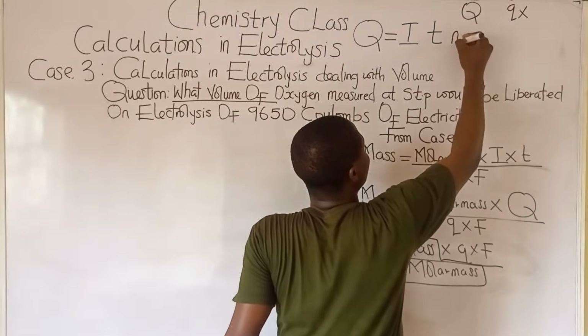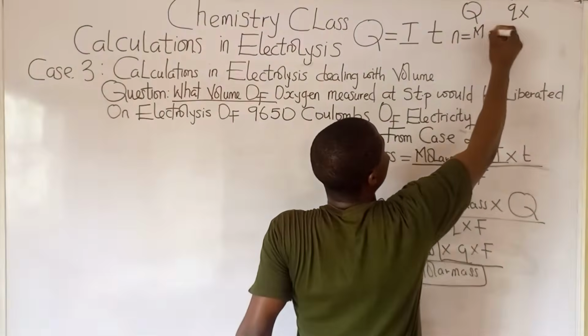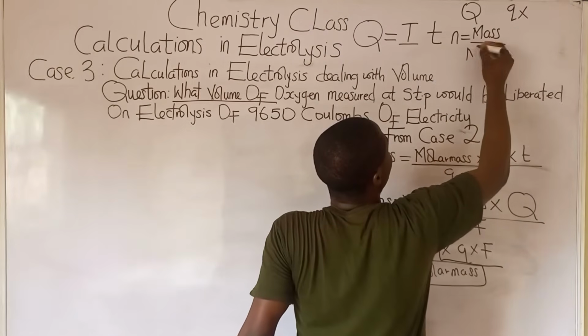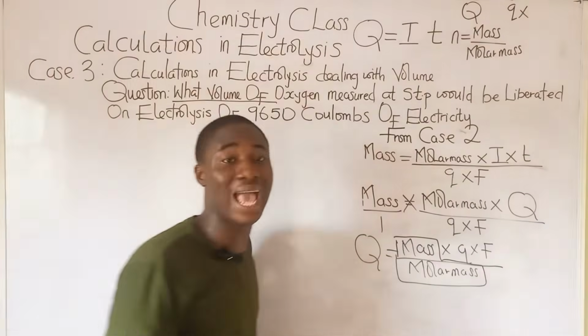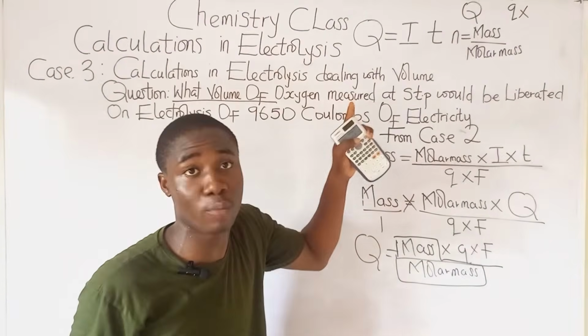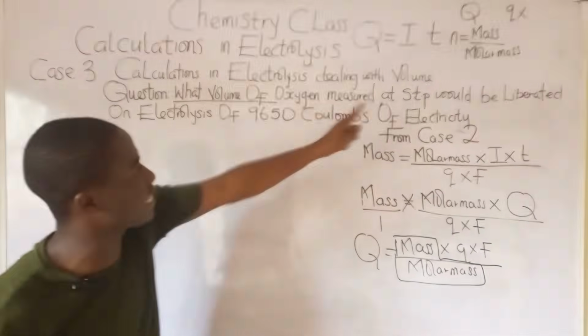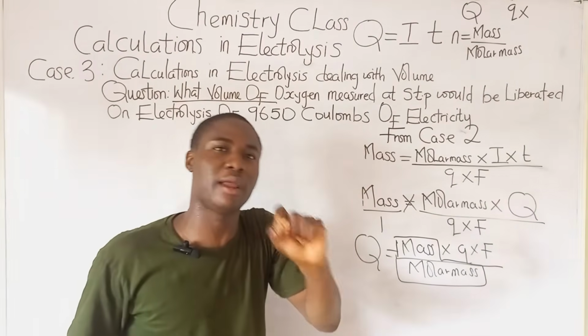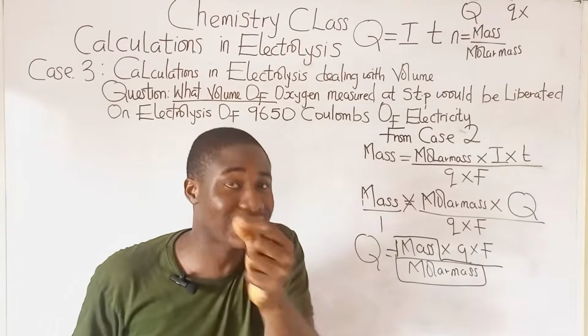Meanwhile, from stoichiometry, we have a formula that relates mass over molar mass, and that is the number of moles, N. In that video lesson, I made mention of various formulas for solving number of moles. Whenever you see STP in a question, which means standard temperature and pressure, the number of moles at STP is quite different.